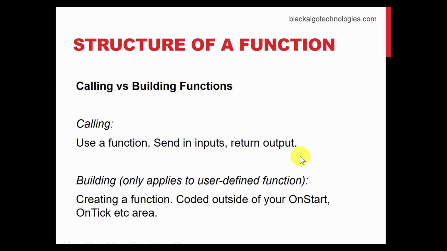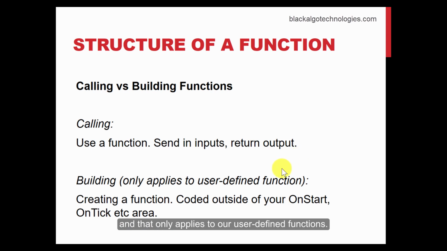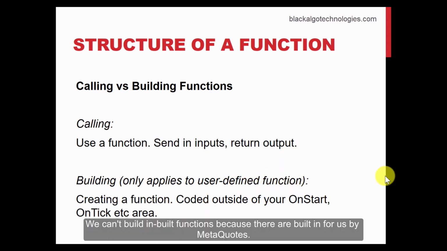That's the first part. The second part is on building functions. We want to know how to build a function, and that only applies to our user-defined functions. We can't build built-in functions because they are already built in for us by MetaQuotes.